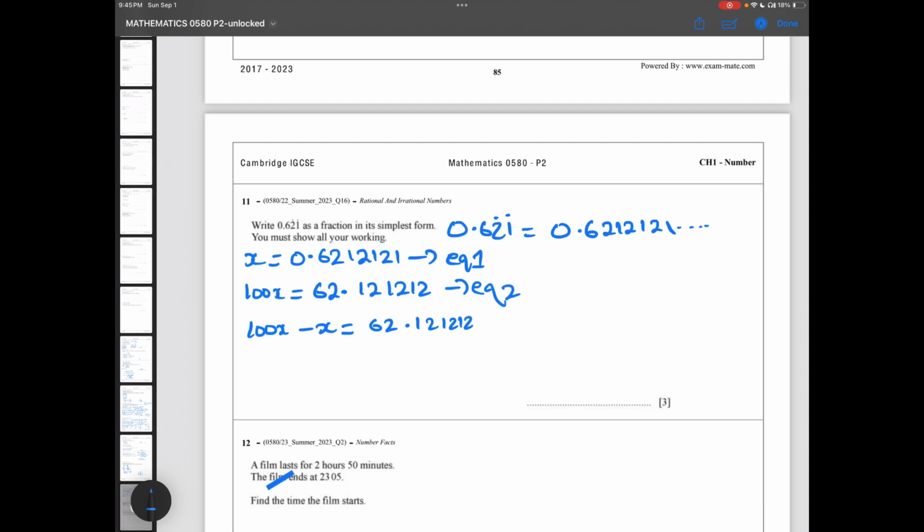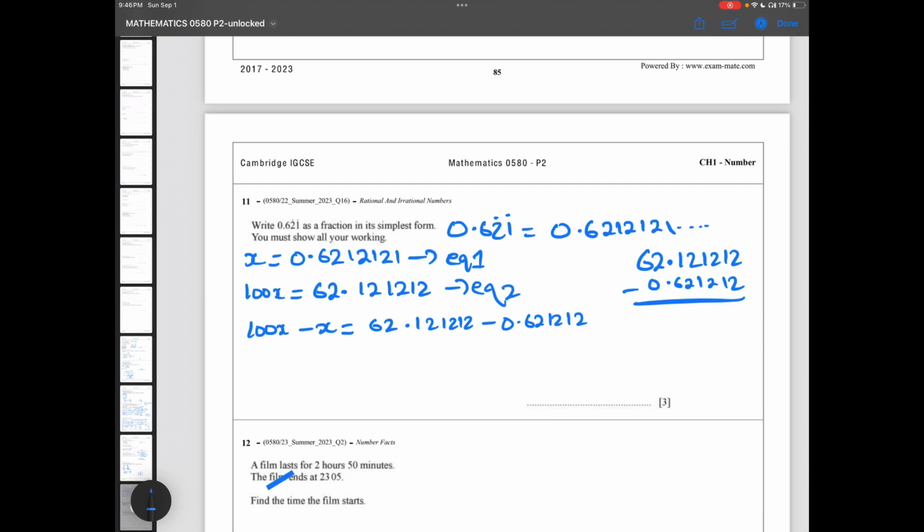62.121212 minus 0.621212 and so on. Let's write these two numbers one below the other. You can see that these two are aligned with each other.